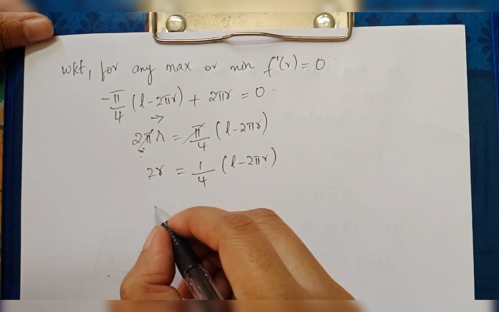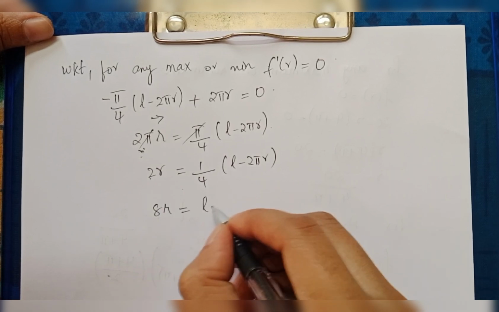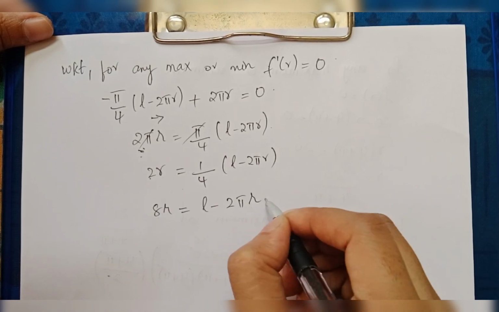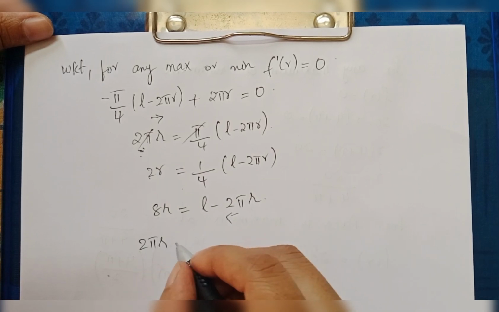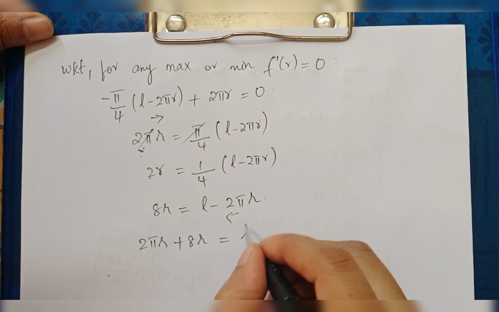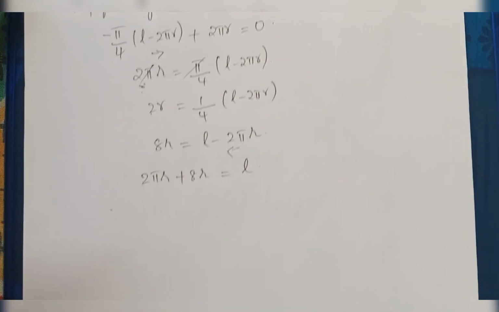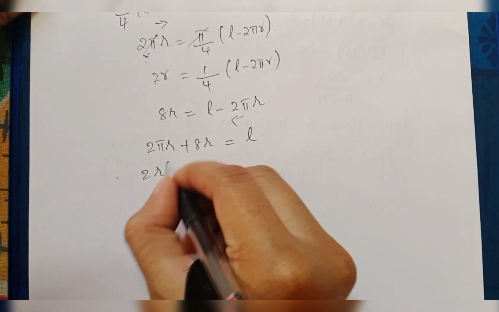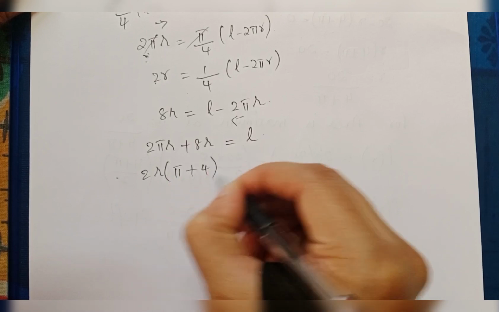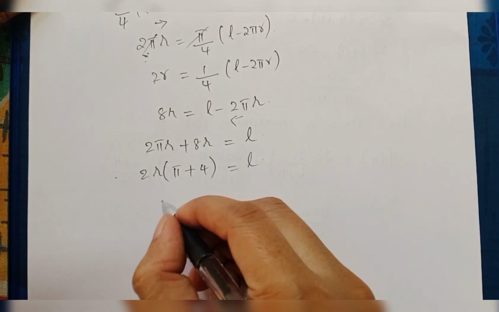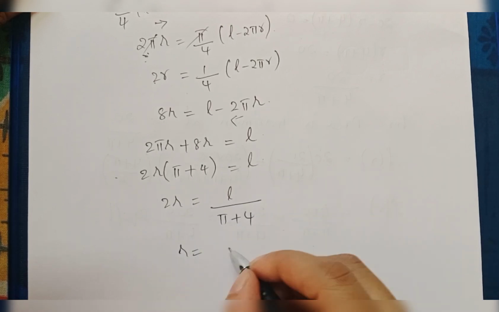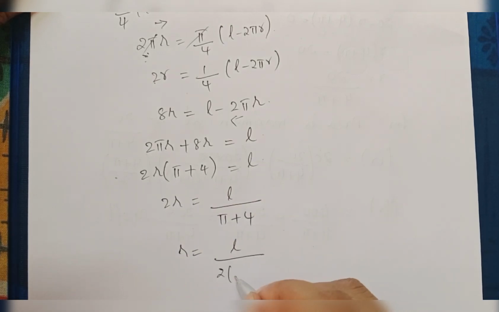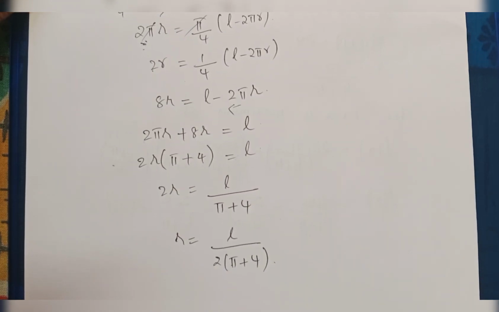This 4 comes over here, so 8r is equal to L minus 2 pi r. Shifting this term to that side, 2 pi r positive plus 8r is equal to L. Taking 2r common, we get 2r into (pi plus 4) is equal to L. So r is equal to L by 2 into (pi plus 4). We got the value of r.